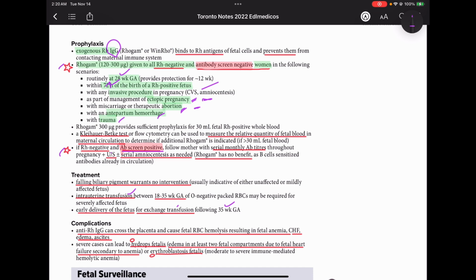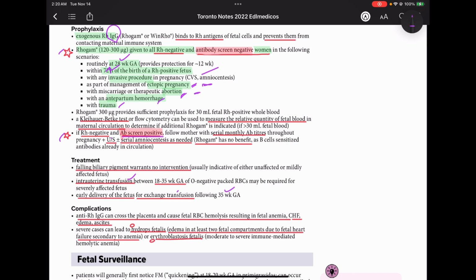And complications might include: anti-Rh IgG can cross the placenta and cause fetal RBC hemolysis, as we read already, because the baby is Rh positive, and these antibodies will go and cause hemolysis, and hemolysis would lead to anemia, which would lead to congestive heart failure, edema, and ascites. There are severe cases.